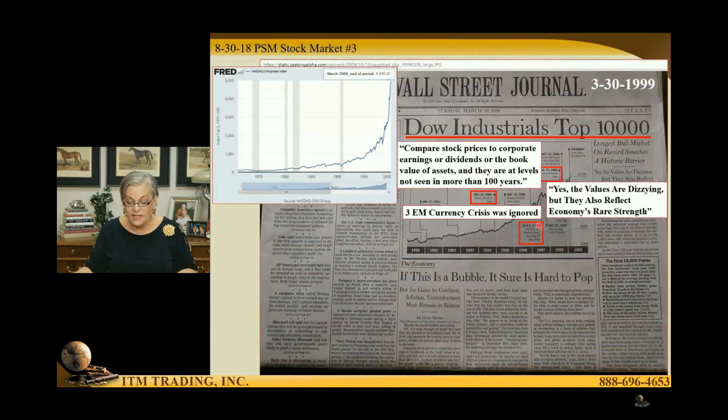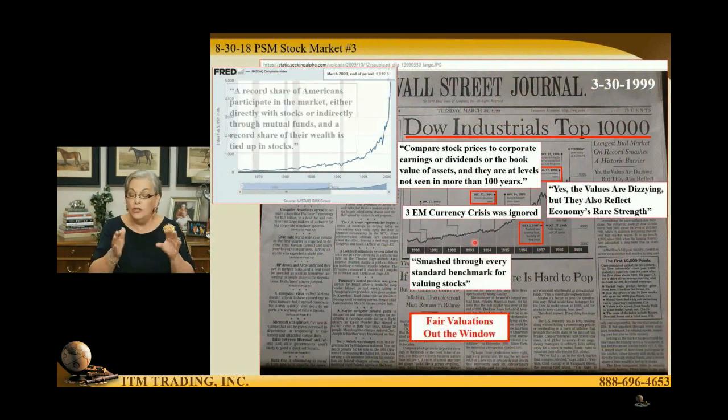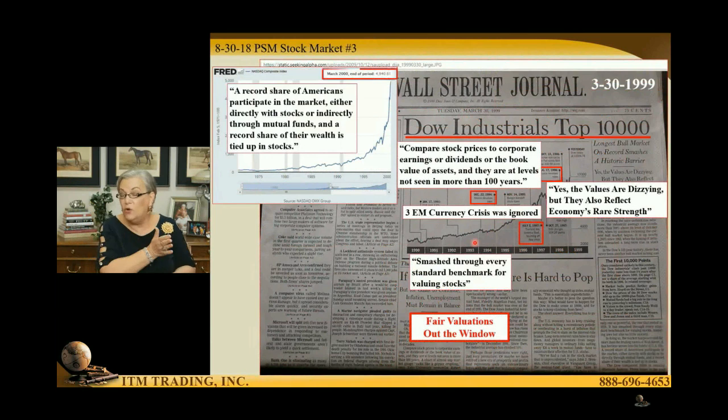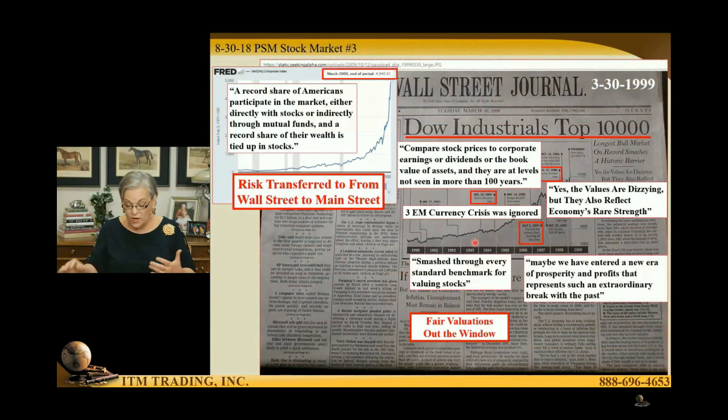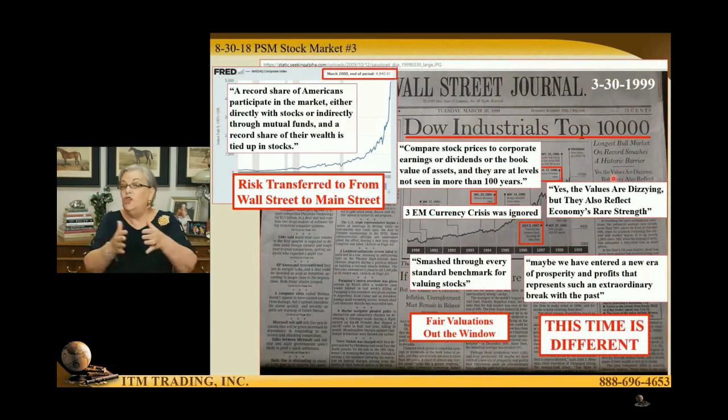What I love is that 3 currency crises were absolutely ignored, just like they ignored all the signals in the 20s about what was really happening. Values didn't matter anymore. They went to dizzying heights, and that enticed more participation. So what were they doing in addition to that?